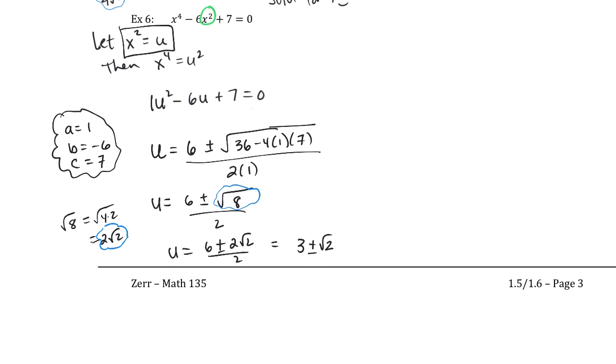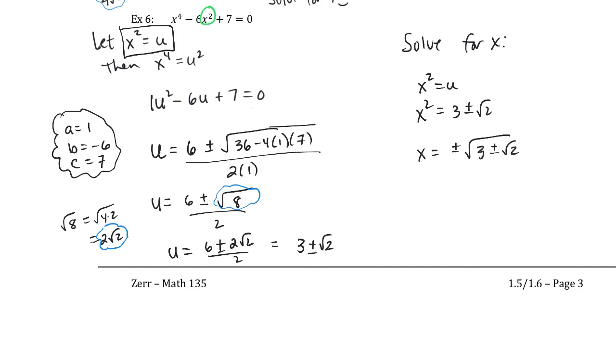And u is x squared, so now we need to solve for x. Okay, so x squared is equal to u, and u was 3 plus or minus the square root of 2. All right, so then we take the square root of both sides, and we get positive or minus the square root of 3 plus or minus the square root of 2.